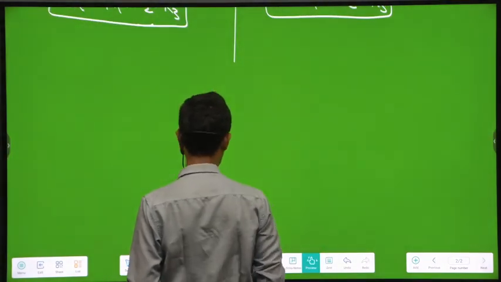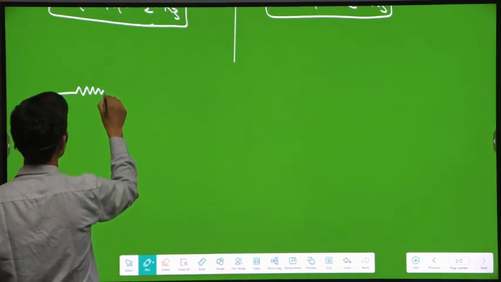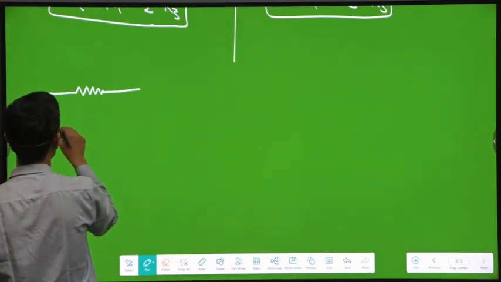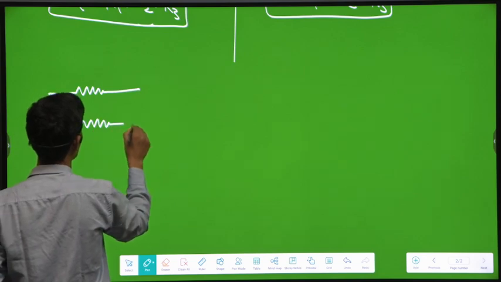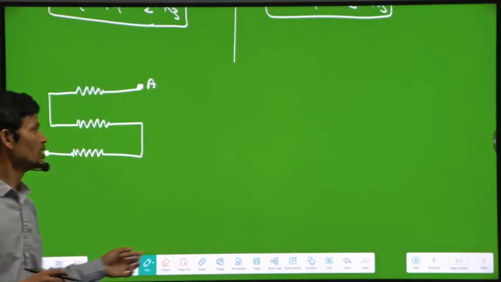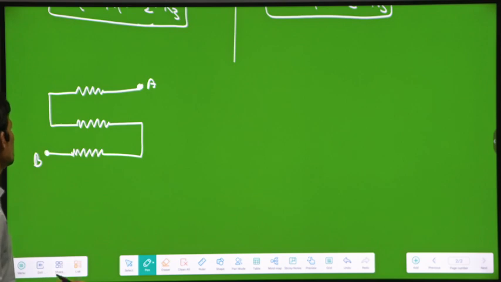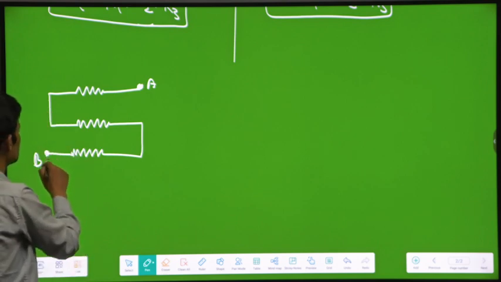Now let us suppose we have given this question. There is no cell attached here, but two terminals have been given. So it means when we are going to connect a cell, we are going to connect them across A and B. Hypothetically, there is a cell.